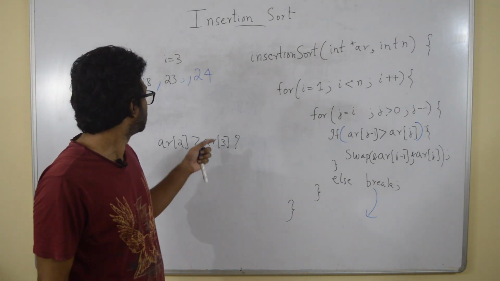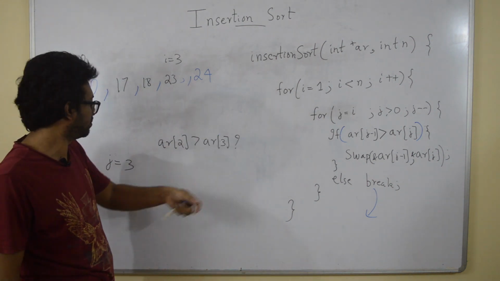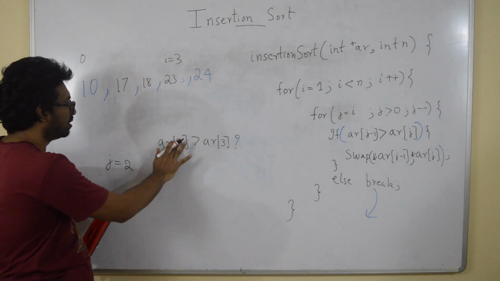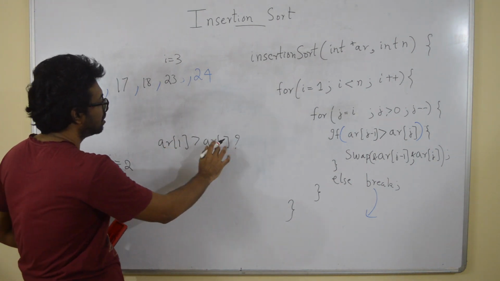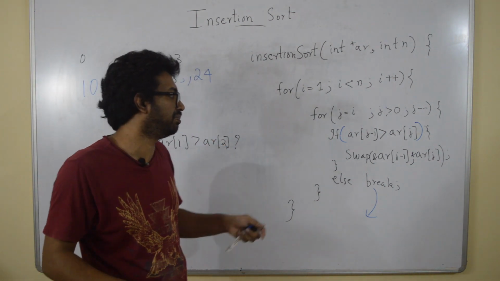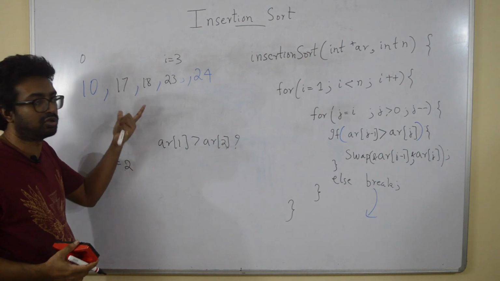That's it. Next j becomes equal to 2. This is 1, this is 2, and there's nothing to do, right? So this is not going to get swapped.